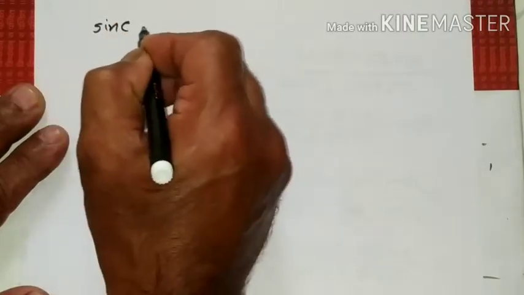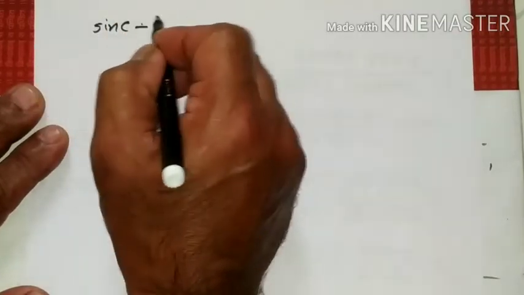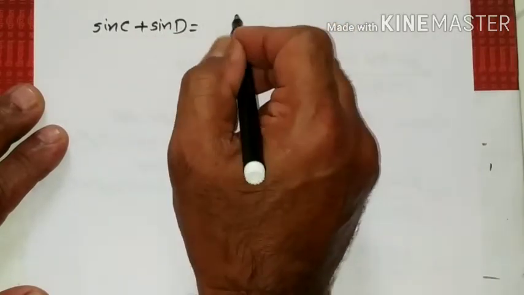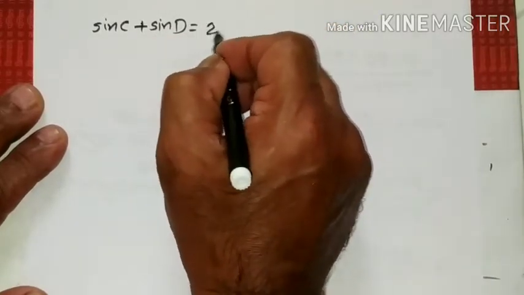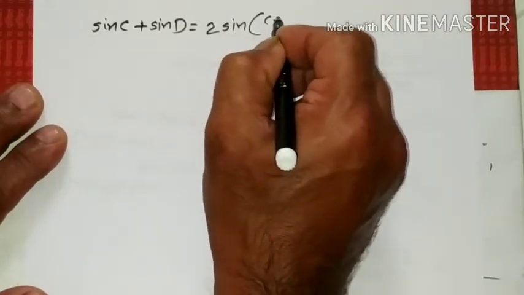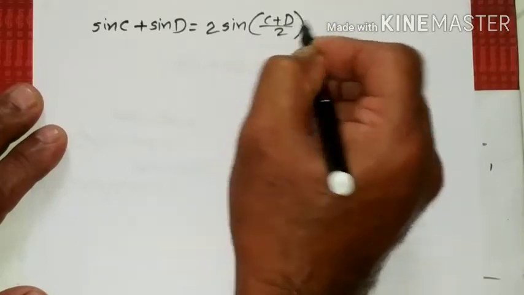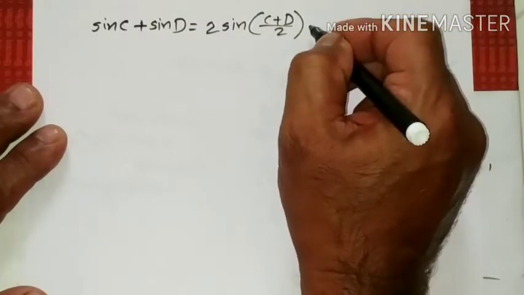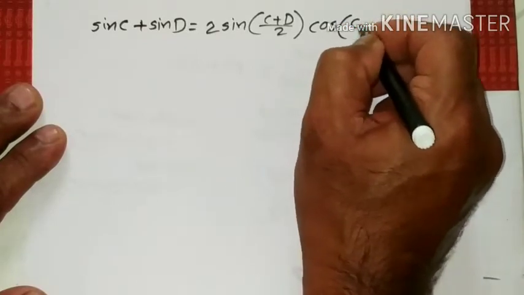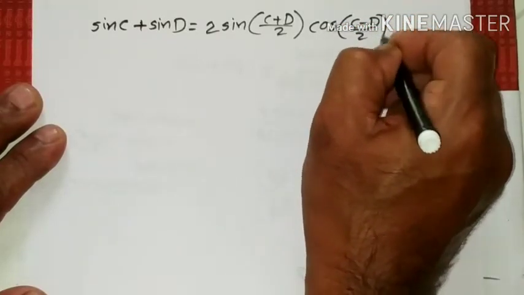Now, using the factorization formula, sin c plus sin d is equal to 2 sin((c plus d) upon 2) into cos((c minus d) upon 2).